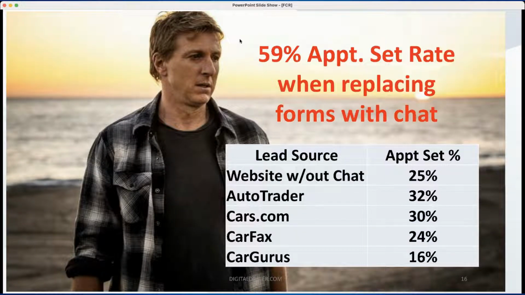So the normal website forms, get e-price, schedule a test drive, evaluate my trade, those leads, and Wyler has a very, very strong lead handling process, we're setting appointments at 25%.